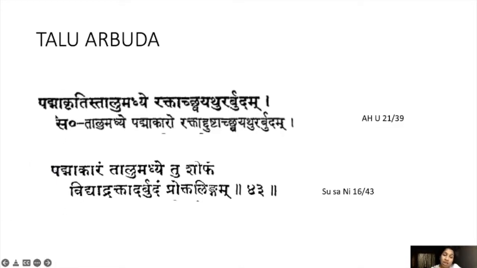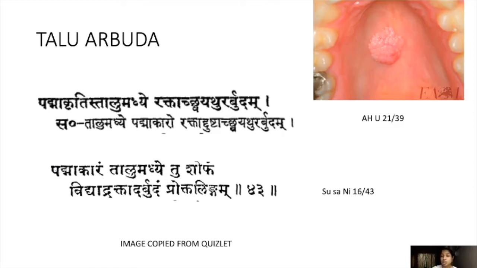So Padmagridir talu madhye rektakshvayadur arbudam, that is according to Ashtanga Hridaya, and according to Susra Samhita, Padmakaram talu madhye tu shobham vidyat rektat arbudam proktalingam. Both are telling the same. So vitiated rekta is causing this, and you can see this disease in talu madhya, and it resembles the Padmagridi, it resembles the lotus.